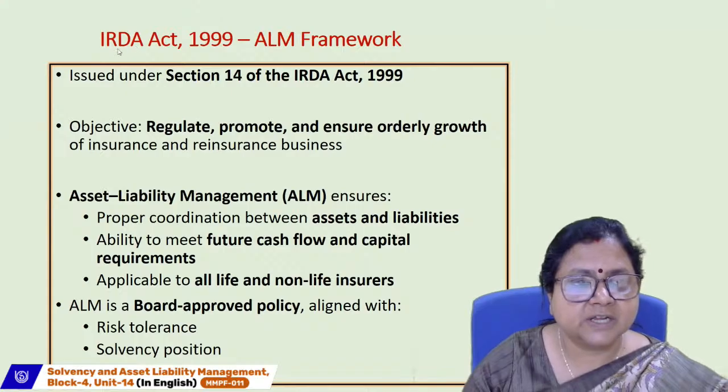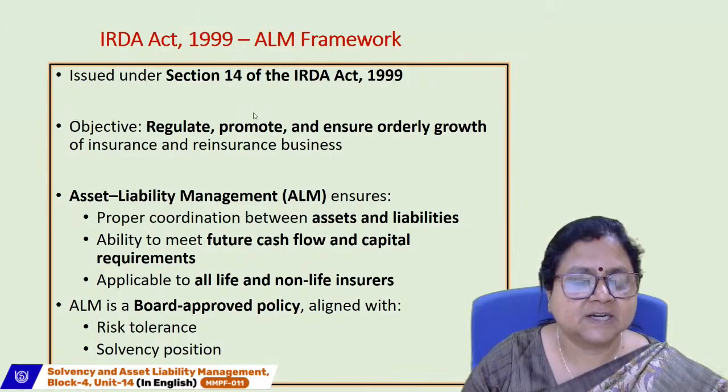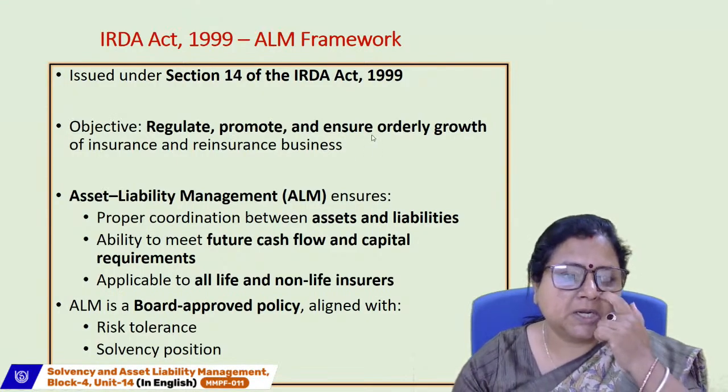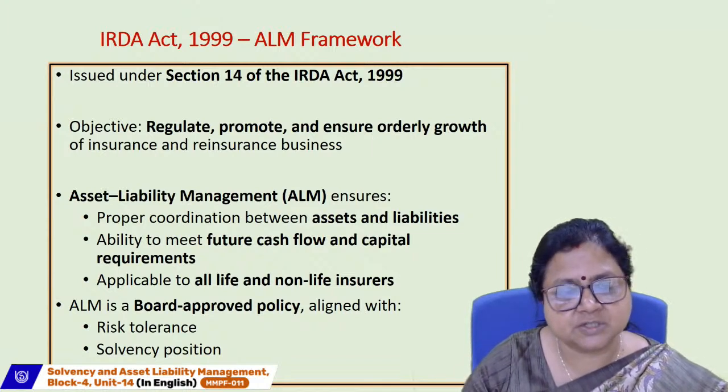Now, the IRDA Act 1999 has also laid down the framework for asset and liability management. The order was issued under Section 14 of the IRDA Act 1999, and the objective of this order was to regulate, promote, and ensure orderly growth of insurance and reinsurance business.